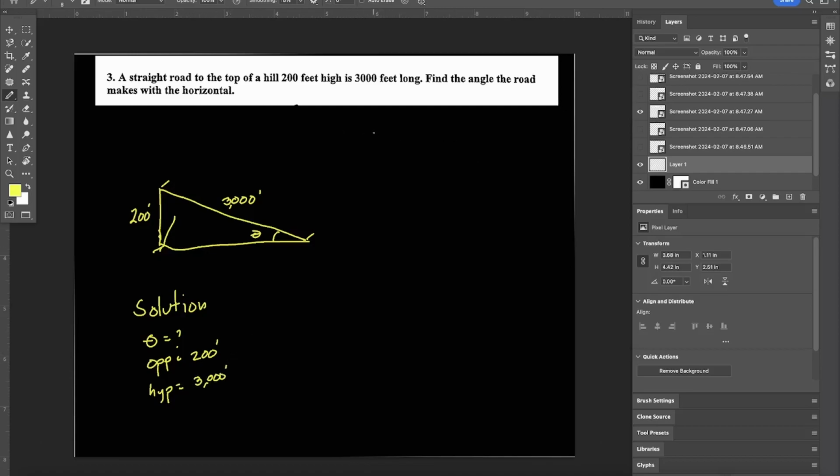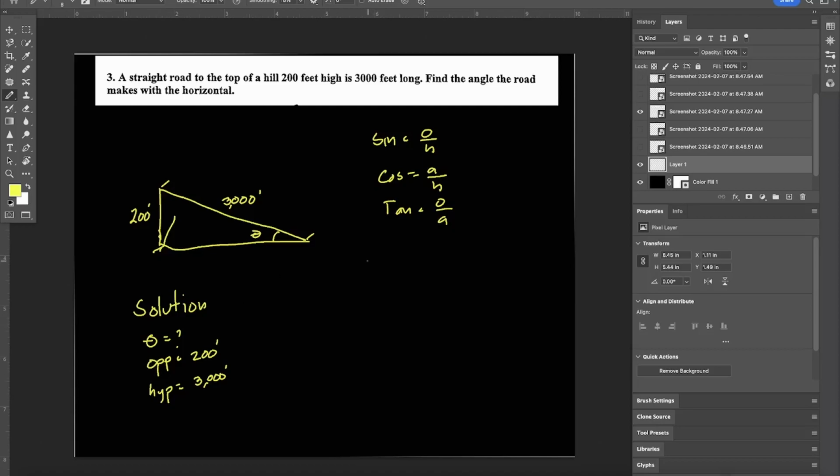Okay, so going back, sine is equal to your opposite over your hypotenuse. Cosine is equal to your adjacent over your hypotenuse. Your tangent is equal to your opposite over your adjacent side. So in this case, we have your opposite and your hypotenuse.